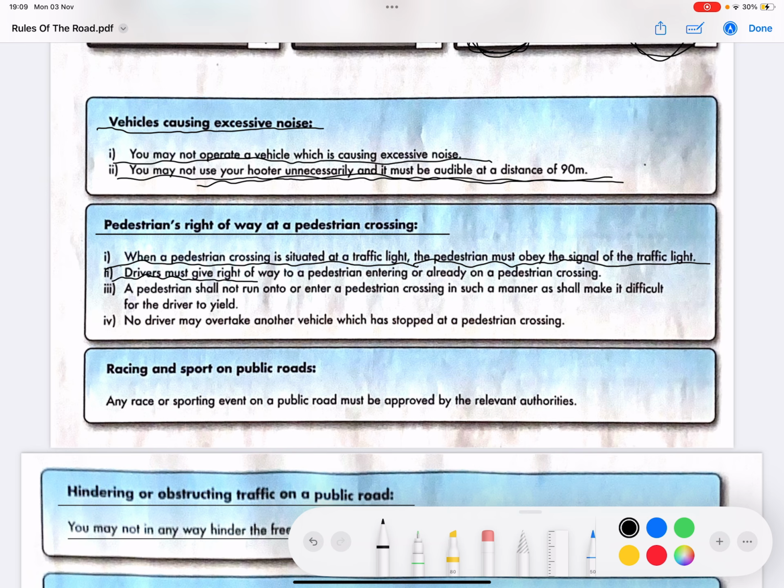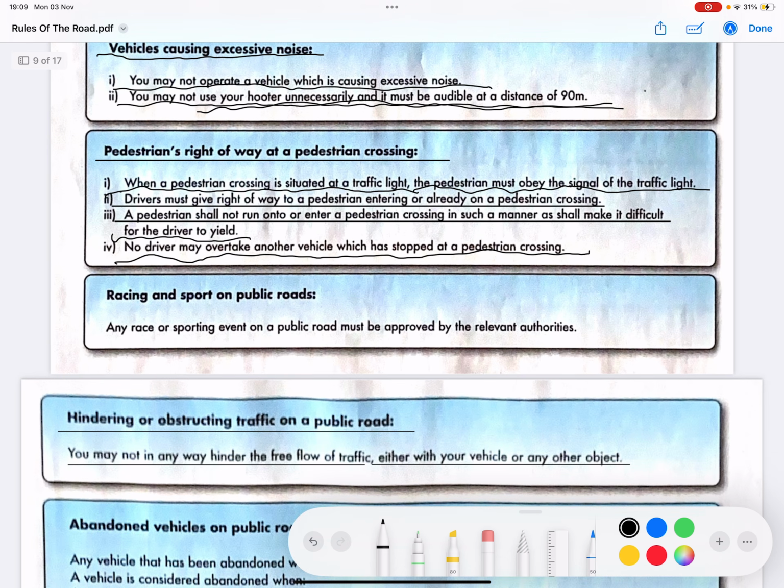Drivers must give right of way to a pedestrian entering or already on a pedestrian crossing. A pedestrian shall not run onto or enter a pedestrian crossing in such a manner that it is difficult for the driver to yield. No driver may overtake another vehicle which has stopped at a pedestrian crossing. As a driver, when someone has stopped at a pedestrian crossing, you do not overtake them.